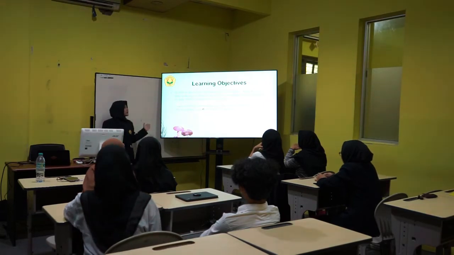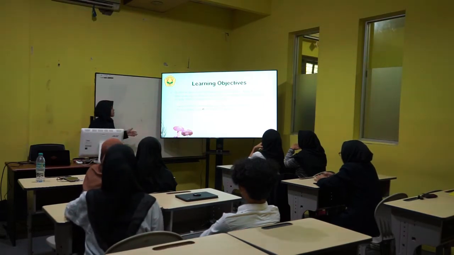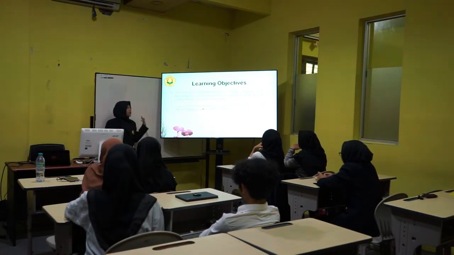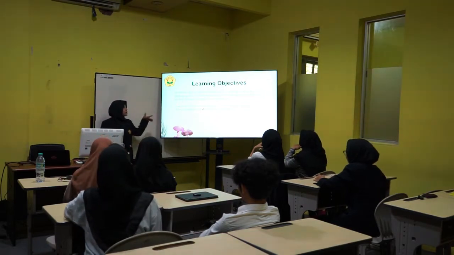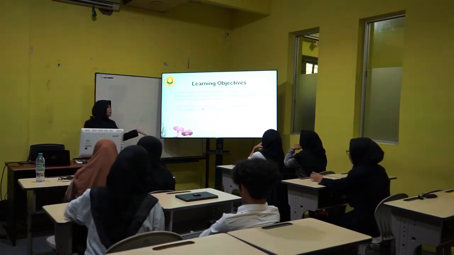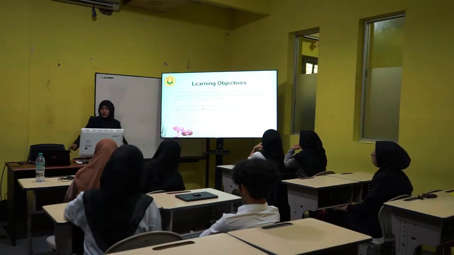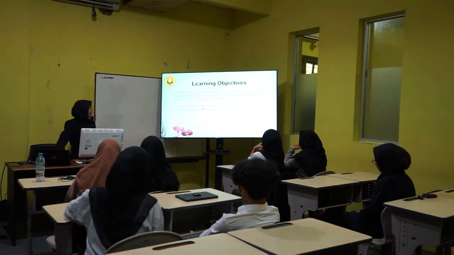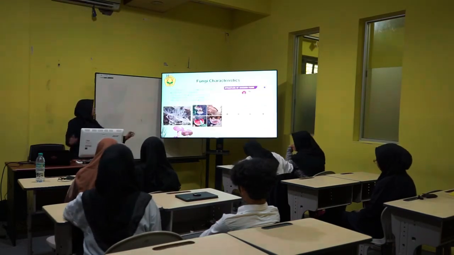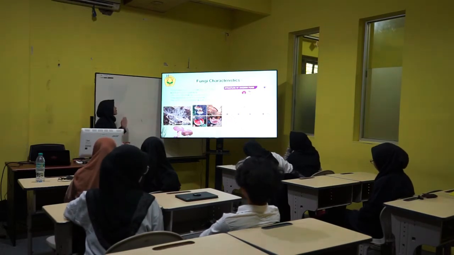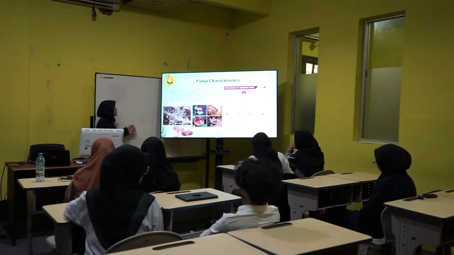Second, students will be able to understand the ways of reproduction found in various groups of fungi and analyze the role of fungi in our everyday life. Can we move into the next lesson?